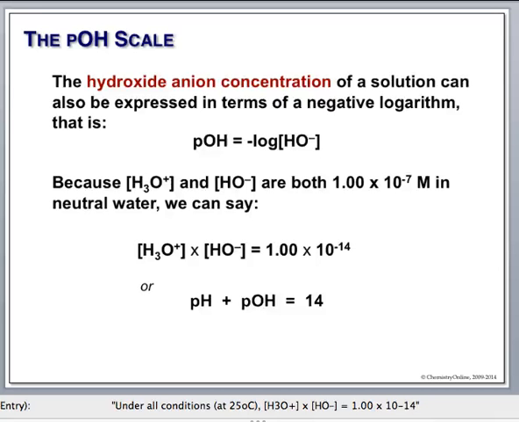If we were to multiply hydronium times hydroxide, we would get 10 to the minus 14. Right? 10 to the minus 7 times 10 to the minus 7, 10 to the minus 14. We just said for neutral water, pH is 7. pOH is also 7. That's 14.